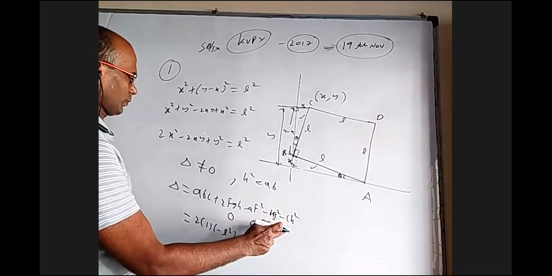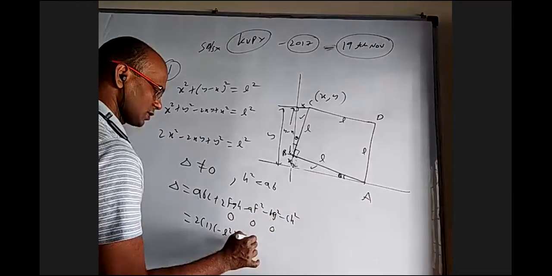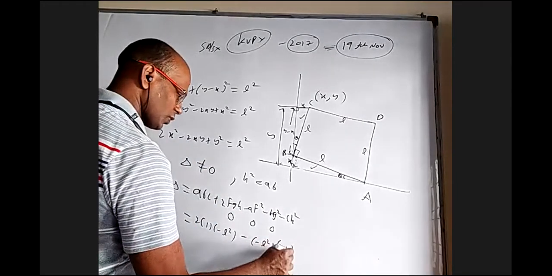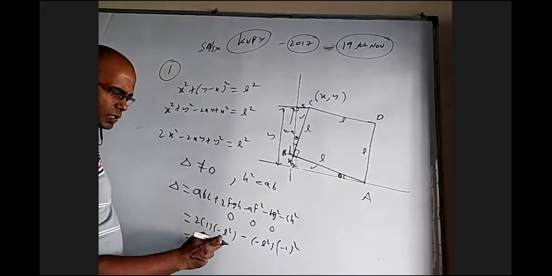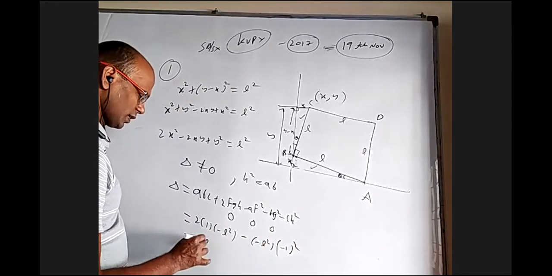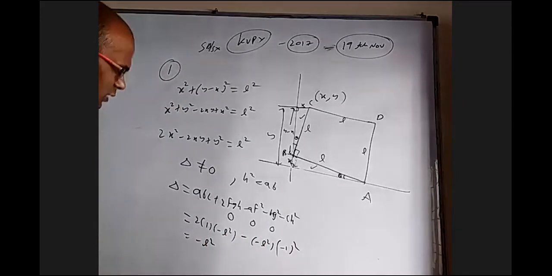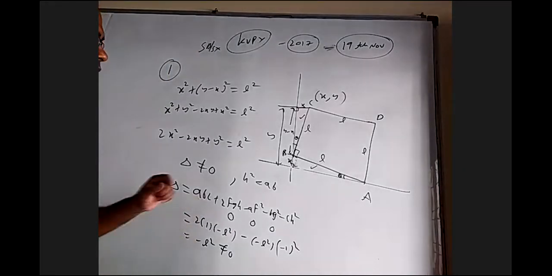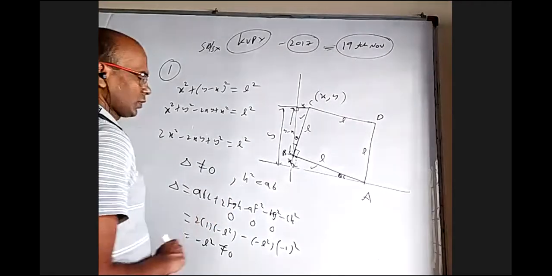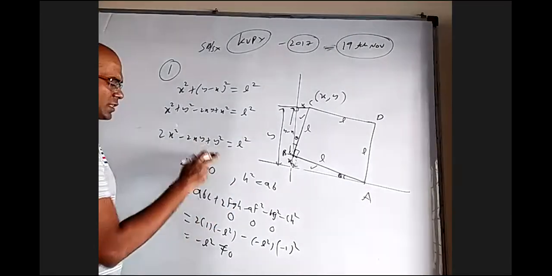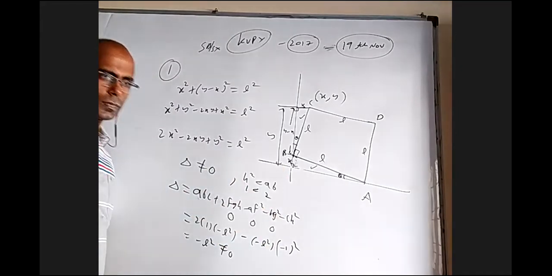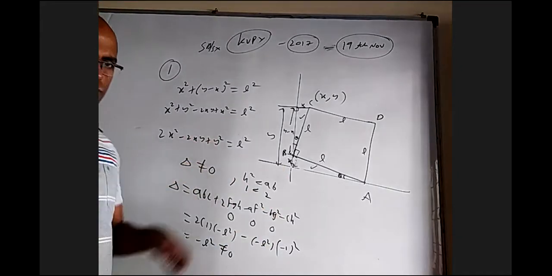Minus ch squared: c is minus L squared, h squared is minus 1 whole squared. That gives minus 2L squared plus L squared, which is minus L squared. It is not equal to 0. That's the main point, whether it is positive or negative doesn't matter. h squared is less than ab because h squared is 1 and ab is 2; 1 is less than 2. So that's why it is an ellipse.